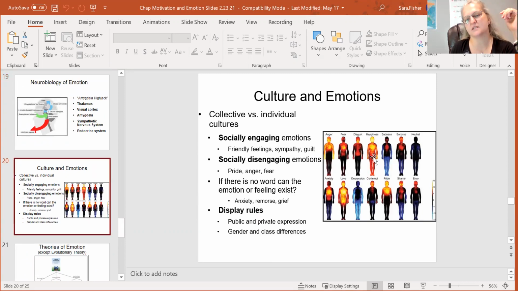This is a really cool slide, partly because of the images, but also because it's about the role culture plays in our emotional experiences. The image in particular, the red colors illustrate warmth, and the blue and the dark illustrate cold.